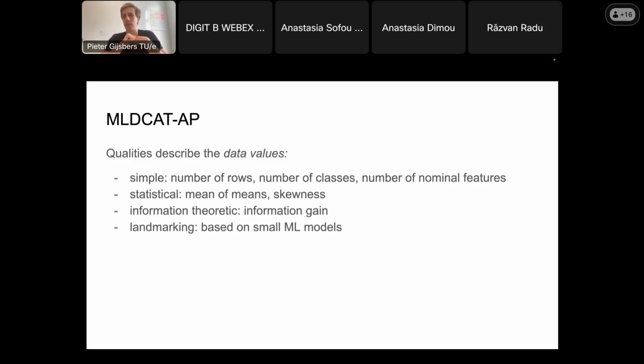And for machine learning specifically, it's also nice to have, for example, these landmarking features, because you can look at, okay, is this data set very easy to predict, or do you need to be careful with your model selection? Do some simple models work well and others not at all? Things like that. So it's very interesting to work with for machine learning.